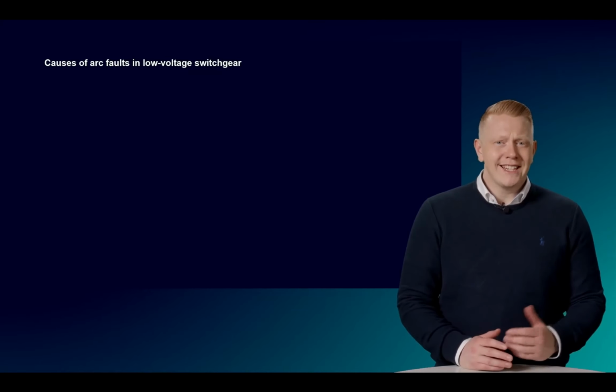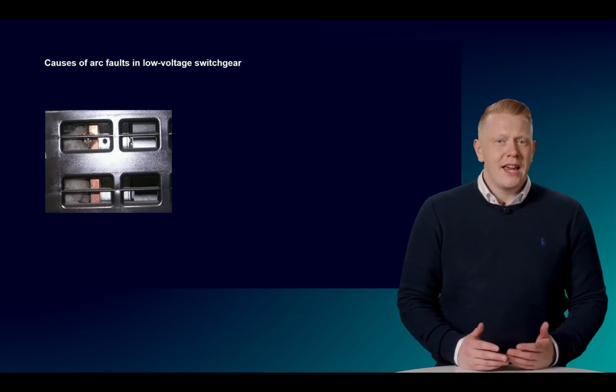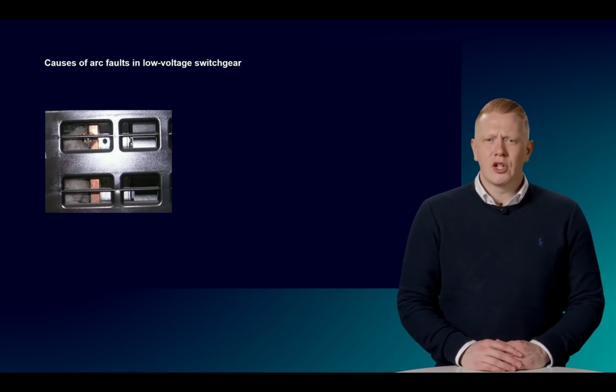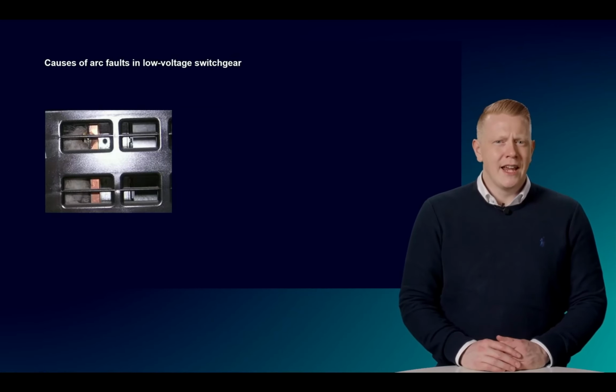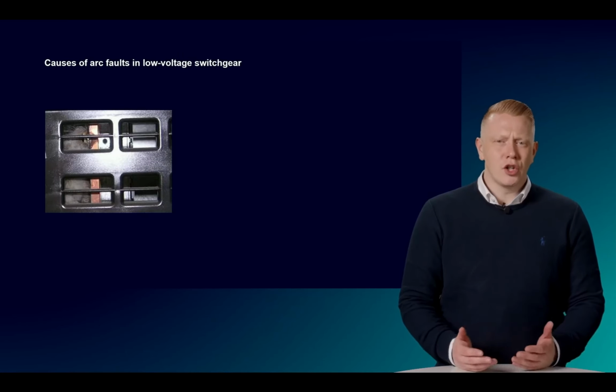In practice, however, we see a wide range of possibilities as the cause of arc faults. On the one hand, these can be, for example, external circumstances such as pollution, which means that the insulation properties in the switchboard are no longer guaranteed. This can be, for example, also by animals that can enter the system and cause a short circuit.